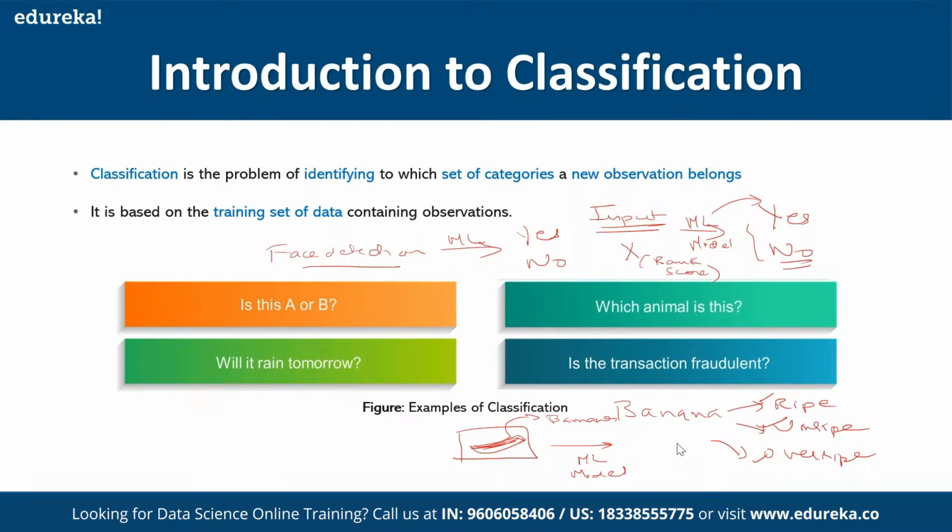How many categories are there in this problem? Have I defined any category in this problem? Yes, 3 categories. The key word here is I defined that my banana can be classified into 3 categories.